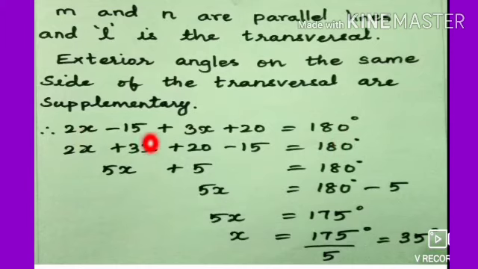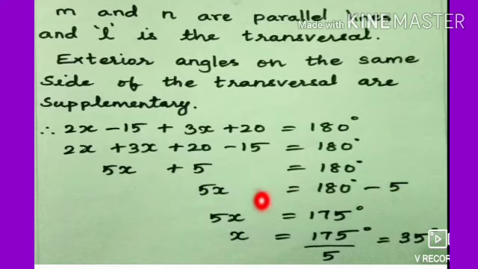Here 2x and 3x are like terms, and 2x plus 3x is 5x. And minus 15 plus 20, that is 20 minus 15, is plus 5. So now we get 5x plus 5 is equal to 180 degree. Now 5x is equal to, this plus 5 becomes minus 5 on the right hand side when it crosses the equal to sign, and 5x is equal to 180 minus 5, which is 175 degree.